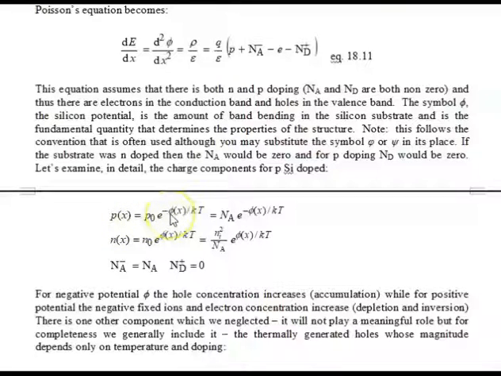So if phi is, for example, plus 0.42, then p of x equals 0 will be p0 multiplied by e to the minus 0.42 in the exponent. So p at x equals 0 will be intrinsic. And the same thing for the number of electrons.